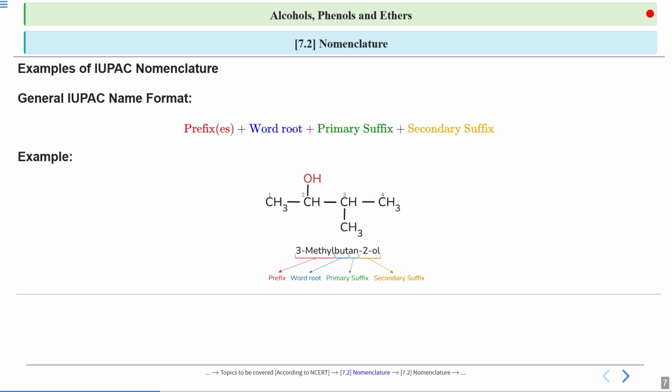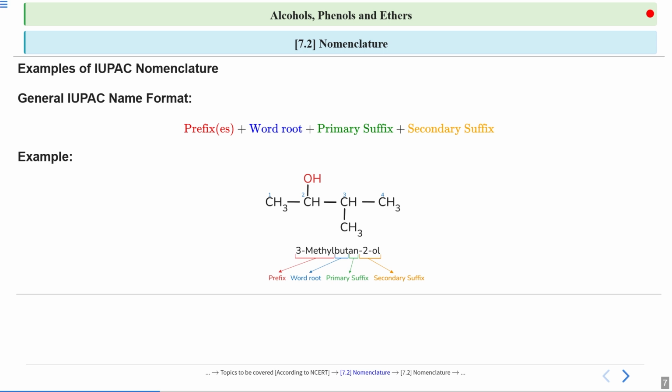Now let's break the name. 3-methyl means the third carbon is attached with the methyl substituent. This is a prefix which you have to place before the start of the main name, right?